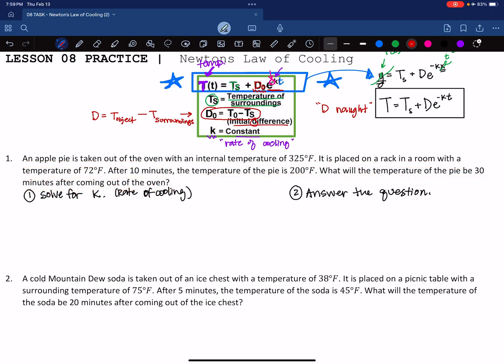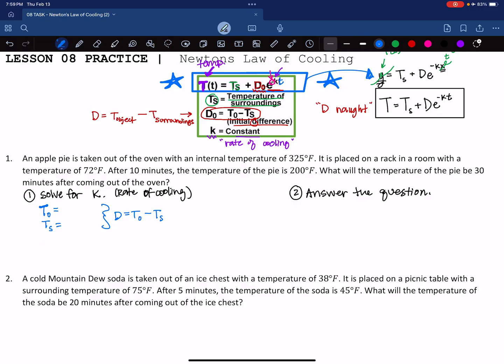There's lots of numbers. So in our solve for K step, we need to know the temperature of the object and the temperature of the surroundings. We're going to use these to calculate the difference between those, D for difference, which is object first minus surroundings.